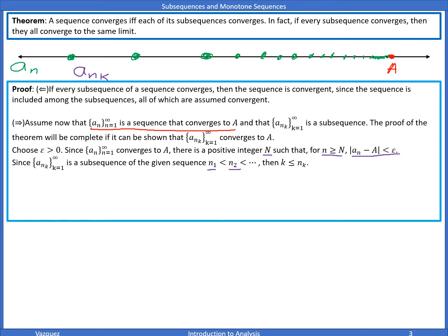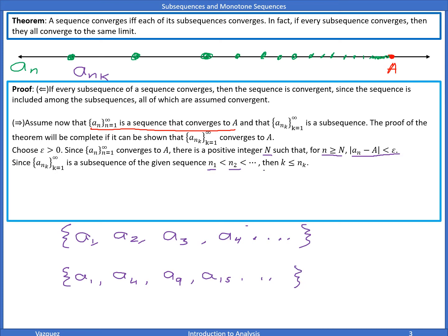And remember from the last slide where I said, take a sub 1, a sub 2, a sub 3, a sub 4 from the original sequence. And the subsequence can be a sub 1, a sub 4, a sub 9, a sub 15, and so on and so forth.